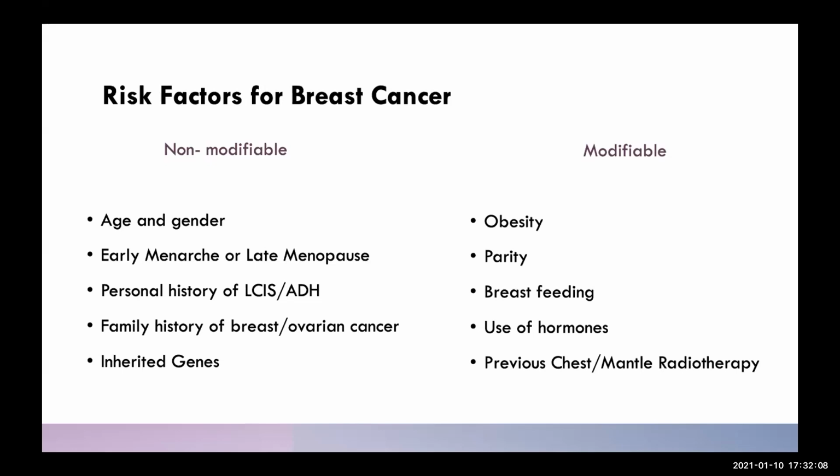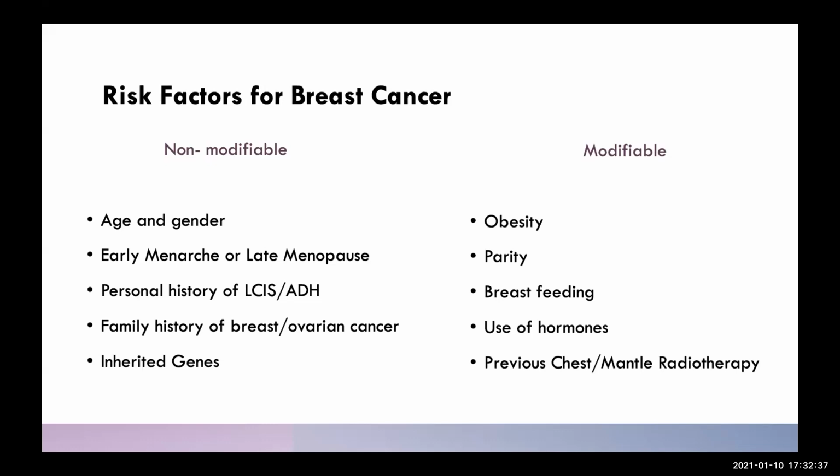If a woman has been previously diagnosed to have atypical cells like ADH or lobular carcinoma in situ, lobular carcinoma in situ is not a precancerous condition, but it does increase the risk of developing breast cancer in future. Any family history of breast or ovarian cancer, and we take into account the first-degree relatives or second-degree relatives before advising them about their risk for breast cancer.